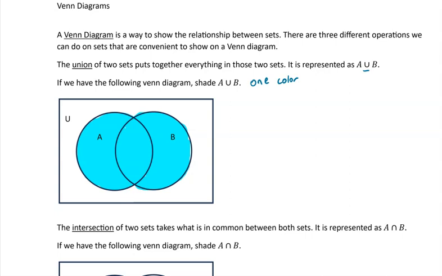So it's both A and B and where they intersect. All of those are in the union.